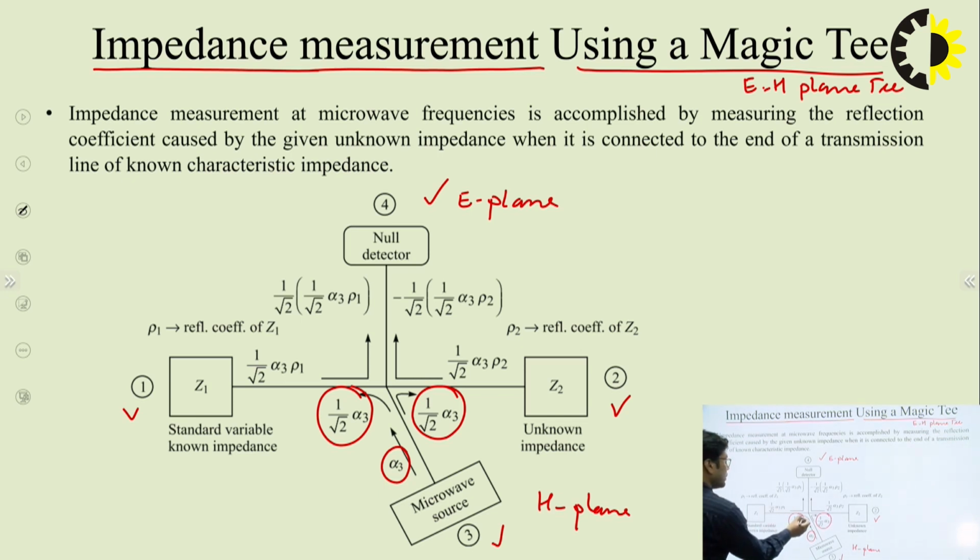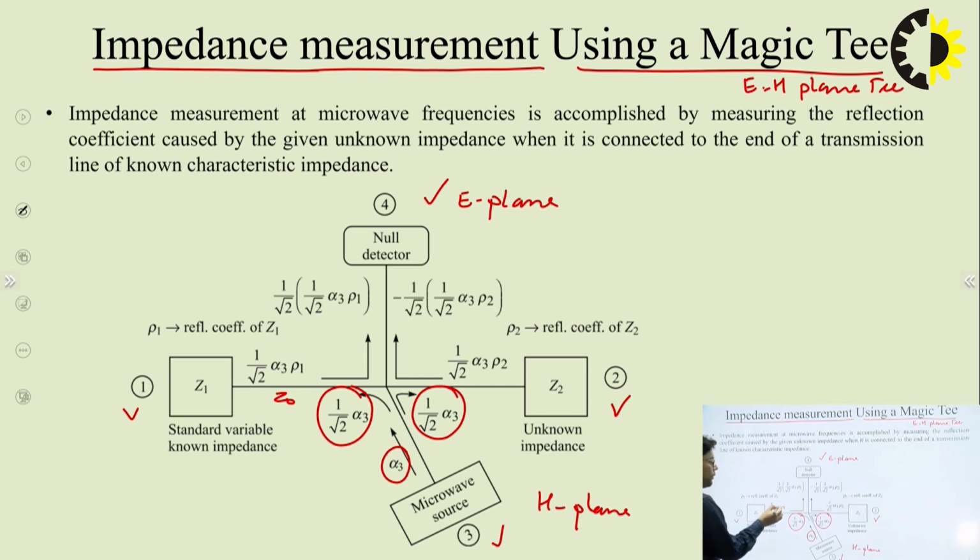Now this is an incident wave, right, and this is a reflection through the mismatching of the device. Actually by default this is a waveguide, and this waveguide has a characteristic impedance Z0 that differs from this standard variable impedance. Due to the mismatching of the impedance, reflection would occur in this waveguide. Similarly at port number 2 here, right?